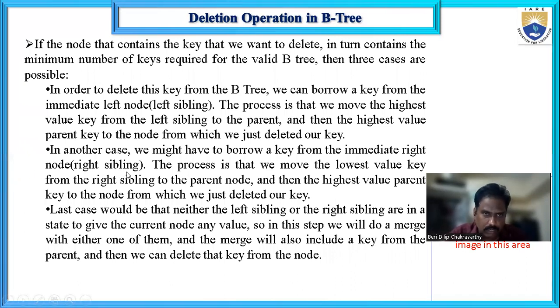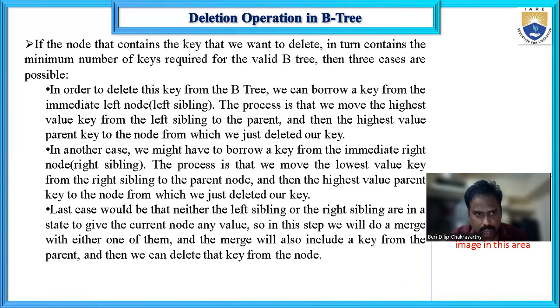We can call them siblings, left sibling or right sibling. We move the highest value key from the left sibling to the parent, or we move the lowest value from the right sibling.